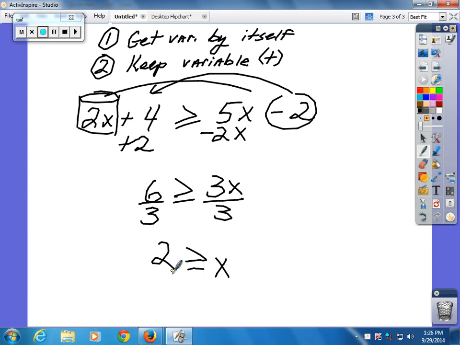Now, before, in 6.2, we called our answer a solution. In 6.6, we call it a solution set. Why do we call it a solution set?